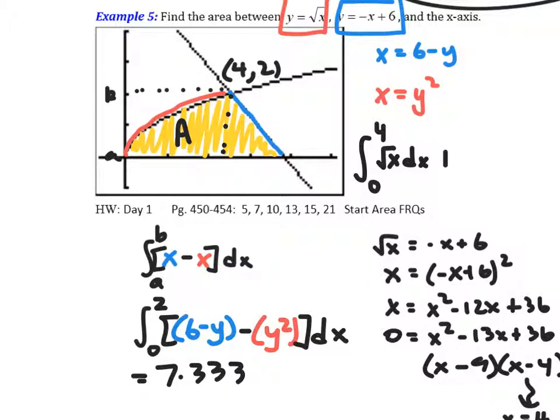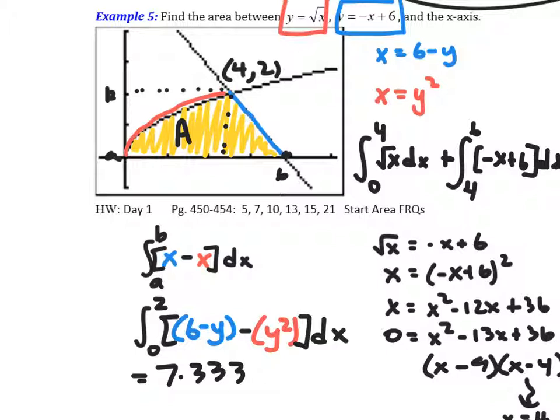And then I'm going to add to it from 4 to, I think it's 6. Yep, this point right here would be 6. And I'm going to integrate the other function, which would be negative x plus 6 dx, so that would be in terms of x.